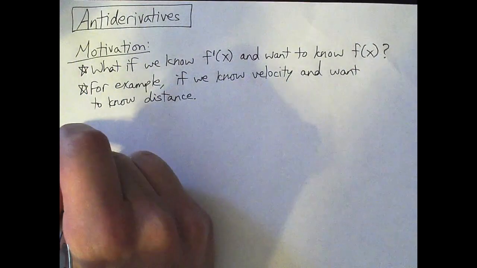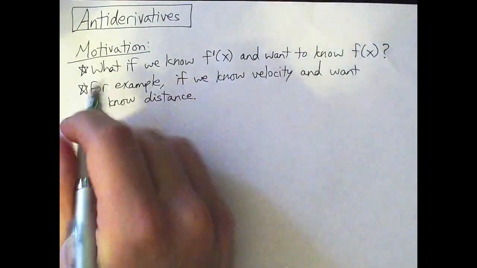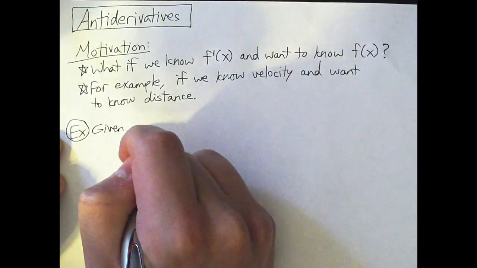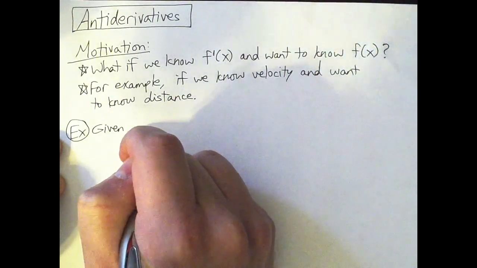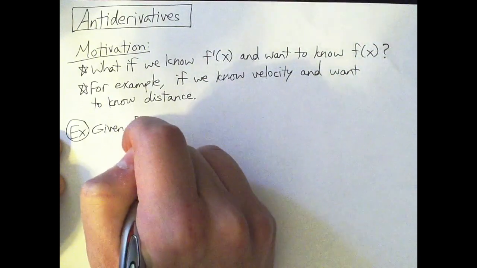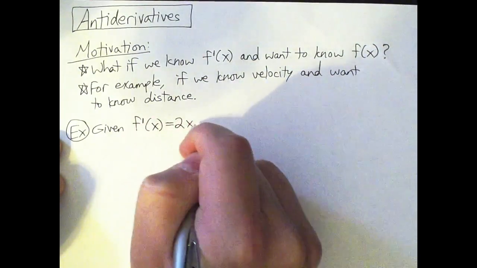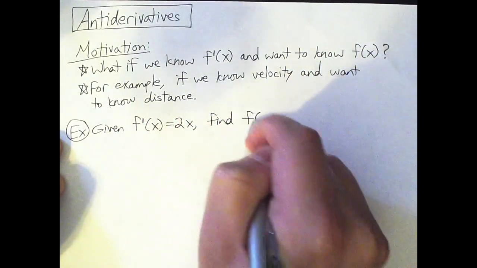Here, let's look at a little example question. Let's say we're given f prime of x equals 2x, and I would like us to find f of x.